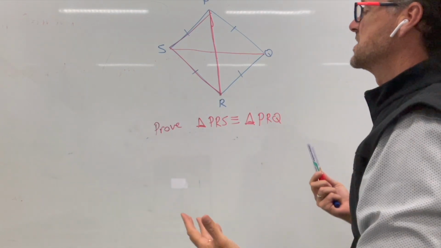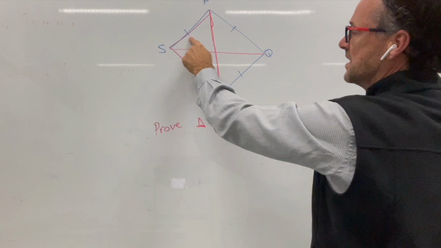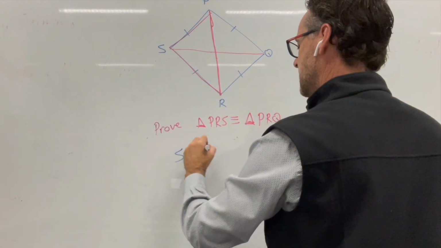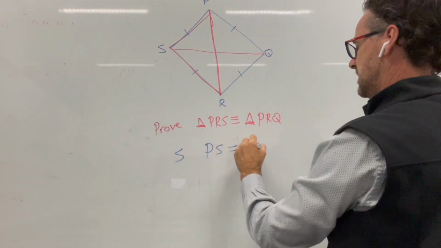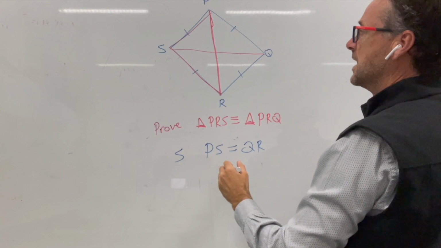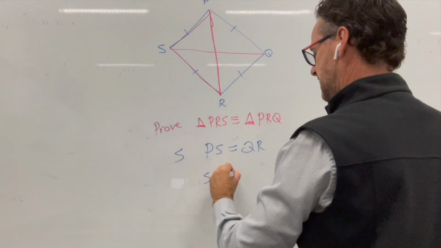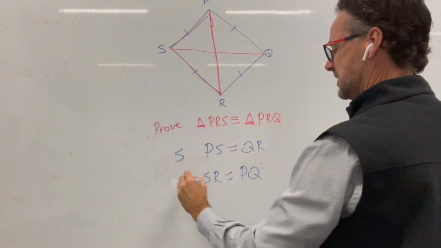Okay, so what we can say here is that this side here, PS, is equal to this side here, QR. Okay, we can say that the side here, SR, is equal to the side here, PQ. Okay, that's also a side.